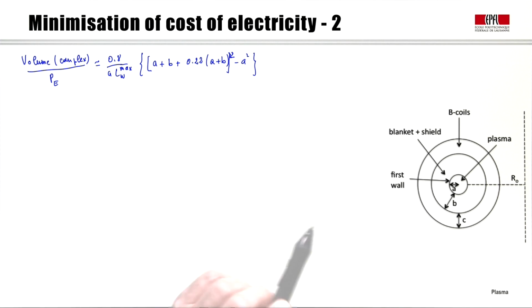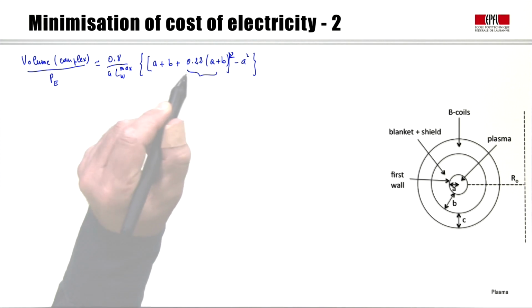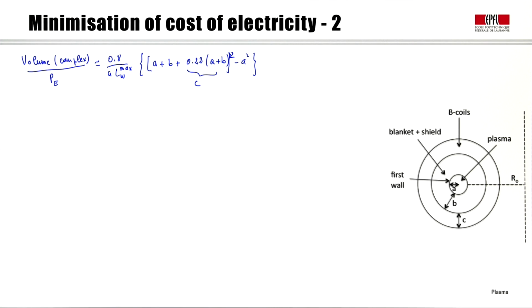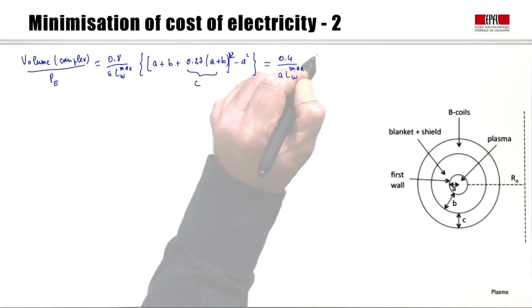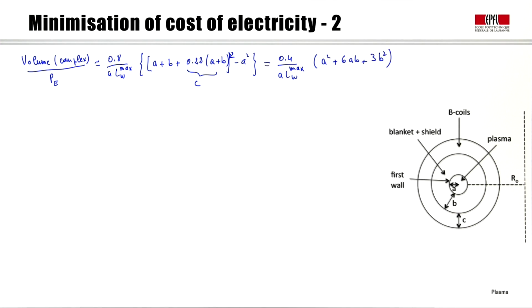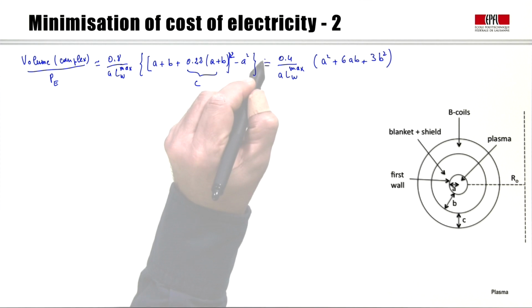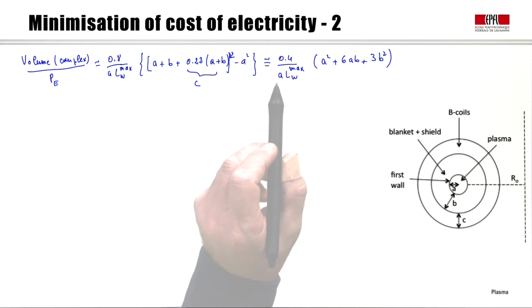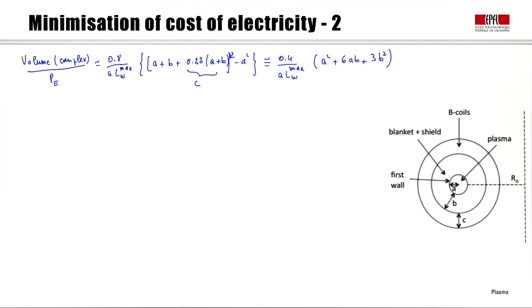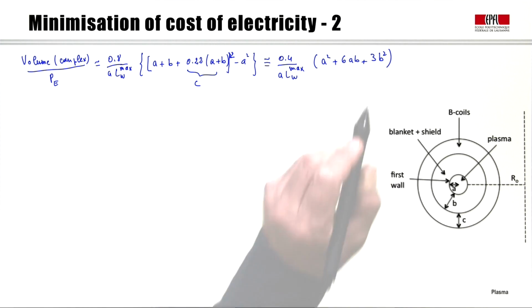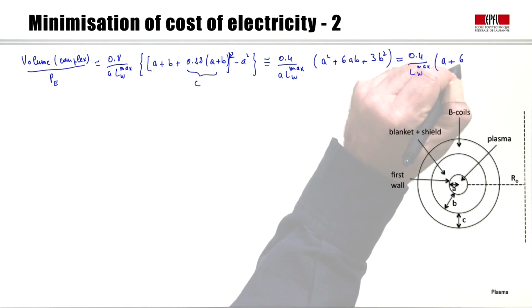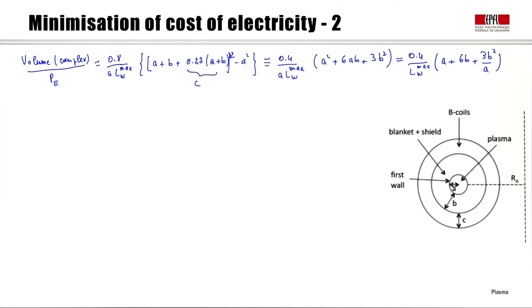So we have written exactly what we have found before, except that instead of C, we have put what we had just derived for the magnet thickness, that is 0.22 times A plus B. And by putting numbers and developing the square, we get approximately 0.4 divided by A times the maximum overloading times A squared plus 6AB plus 3B squared. Just divide by A, and we obtain a very simple expression in terms of A and B.